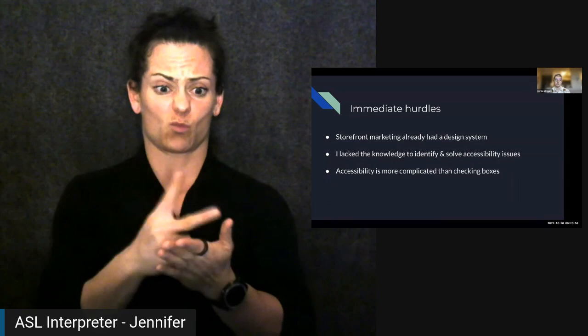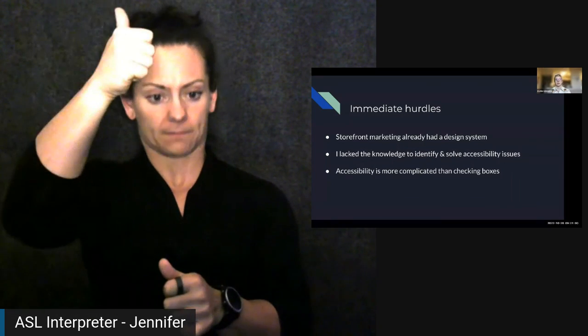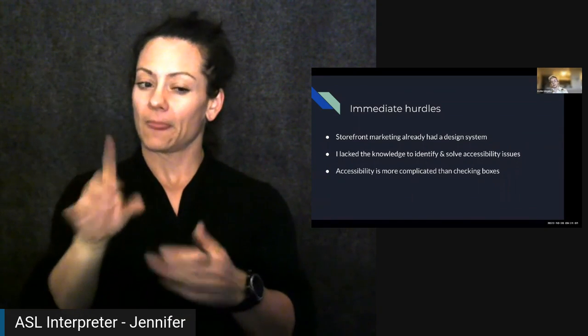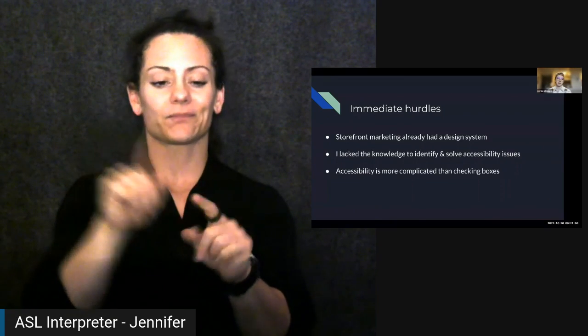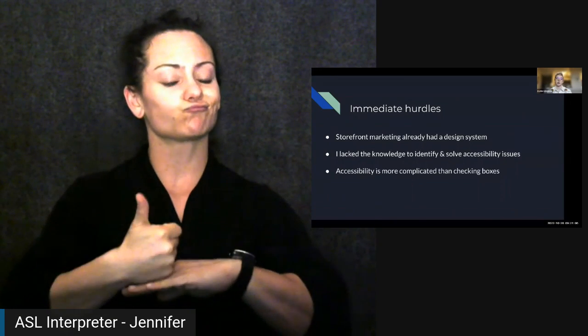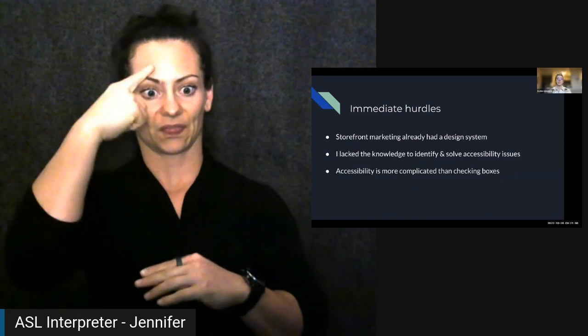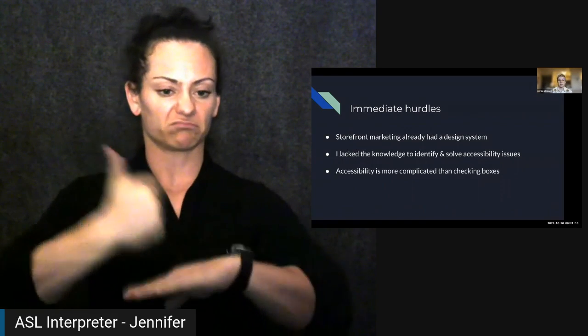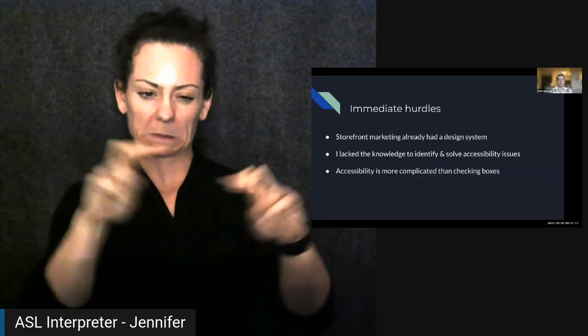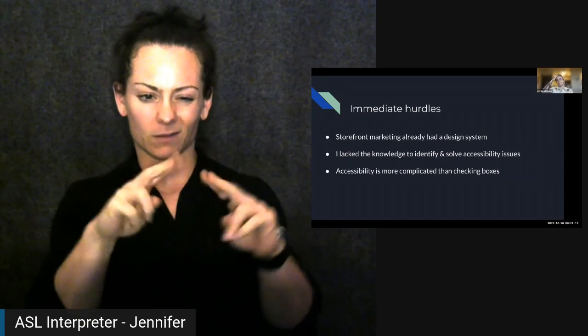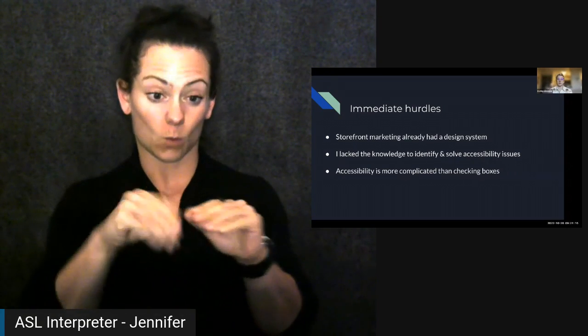So while that design system wasn't made with accessibility in mind, we realized that we would have much more luck trying to find accessible solutions within that system than trying to change the system entirely. That did add a layer of difficulty, though.